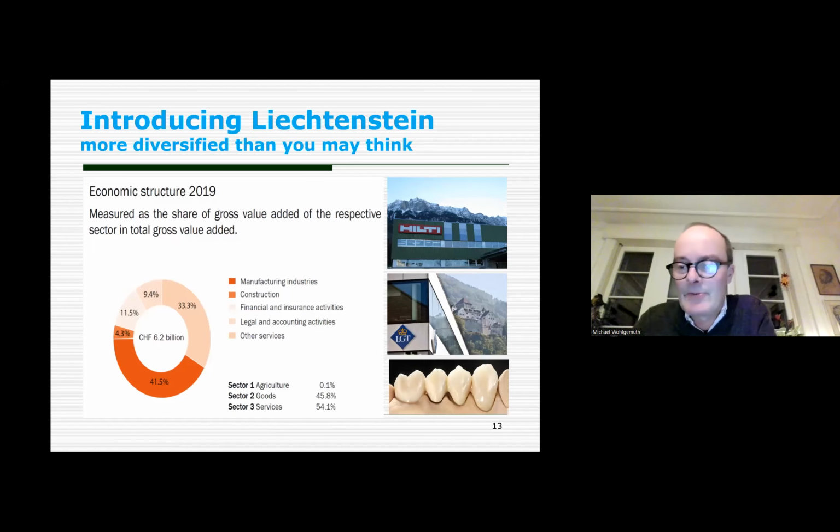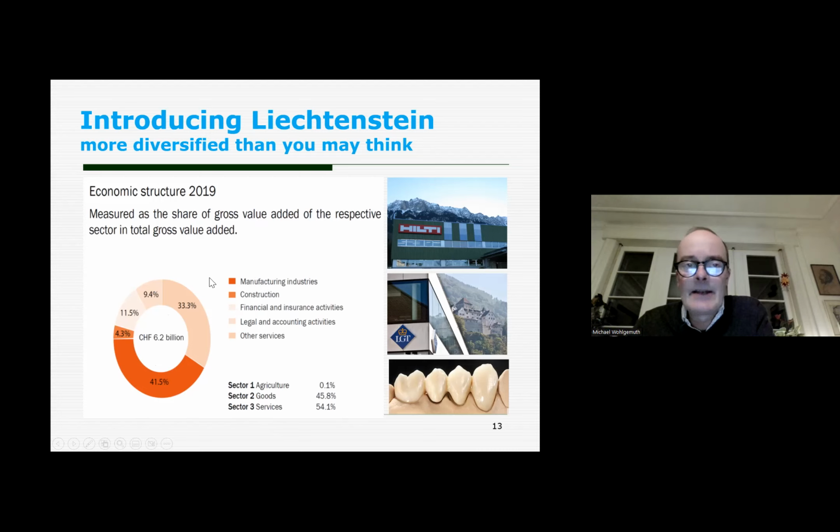Now, perhaps if you were to think, what is your first thing that comes to your mind if you think about Liechtenstein? It is huge banks and letterboxes. But in fact, Liechtenstein is one of the most industrialized countries in the world, with a share of manufacturing of over 40% of gross value added.